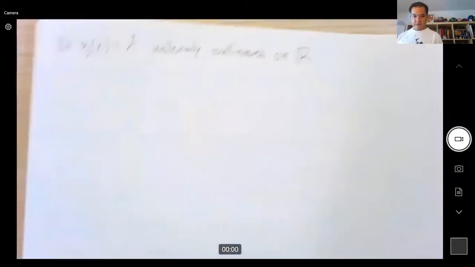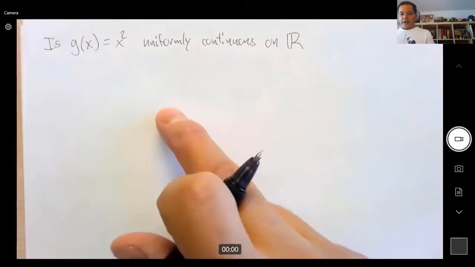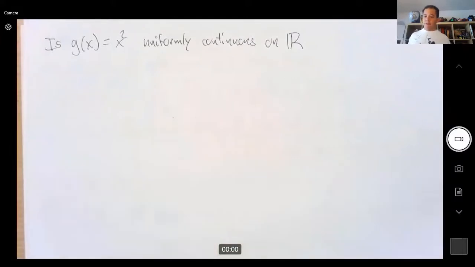Let's see. Well, what do you think? Yes, no? I mean, remember from the graph that I showed you before from the book, it seemed like if we pick numbers that are farther and farther away from 0 to the right, then the delta that we require needs to be smaller and smaller and smaller, right?